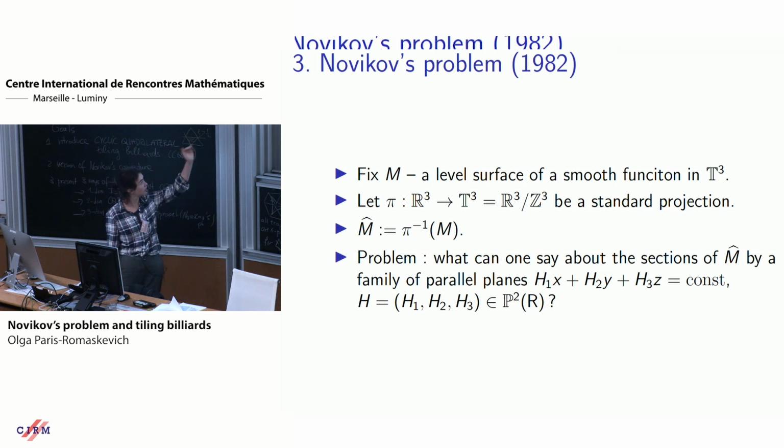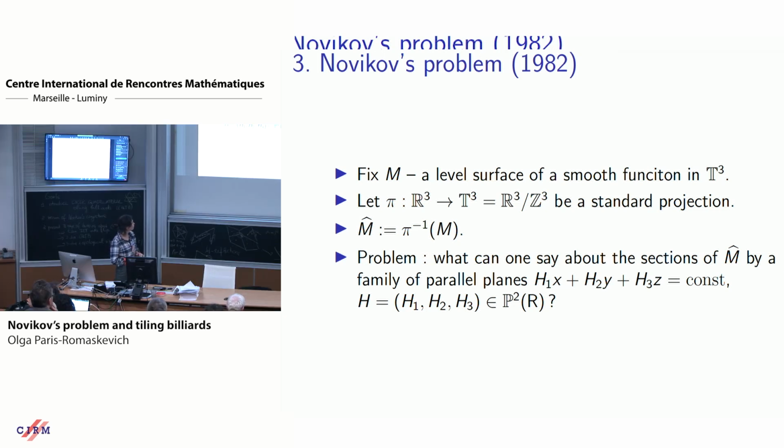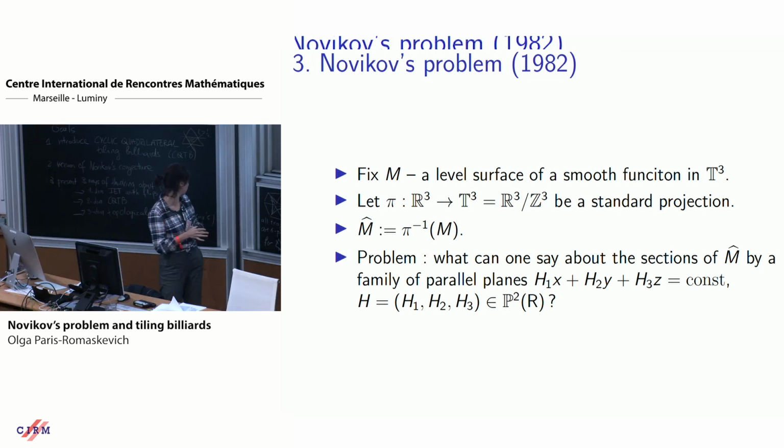You take a level surface of a smooth function in T3. So you have a surface which lives in a 3-torus. And then you take its covering in the 3-dimensional space. So you see this surface which looks kind of like a labyrinth. You can think about M being of genus 3, for example.